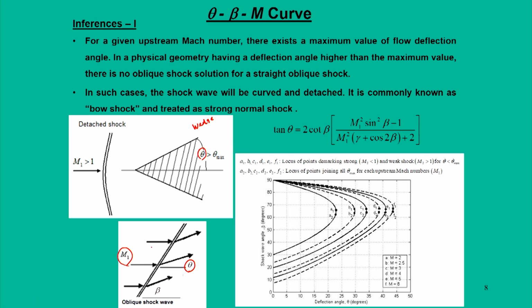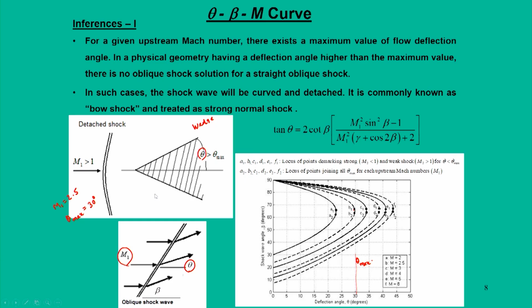Let us say M1 is equal to 2.5. For 2.5 the upper limit is theta max. That means, for M1 equal to 2.5, from this curve theta max is equal to, let us say, 30 degrees. So, we get this solution independently from the theta-beta-M curve.